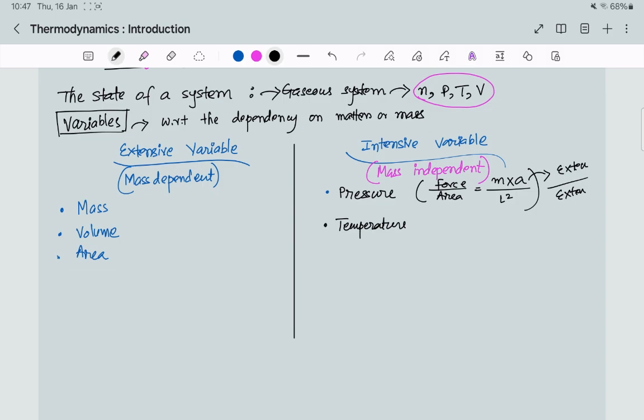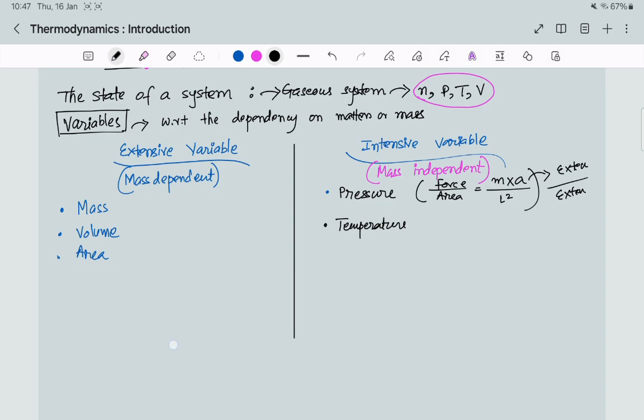So for example, a gas jar is provided, so the temperature of the entire gas jar, the gas particles are moving, so if we change the temperature, after some time, when you stop giving the heat, the temperature will be the same for the entire gas chamber. So the temperature is also an intensive property.